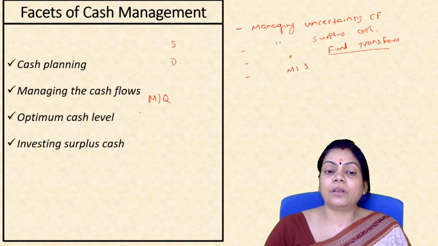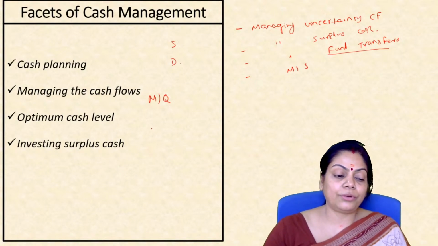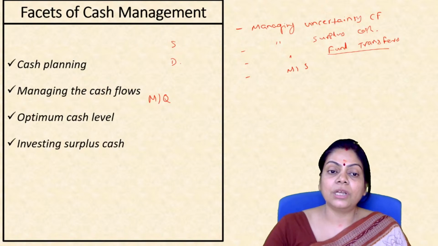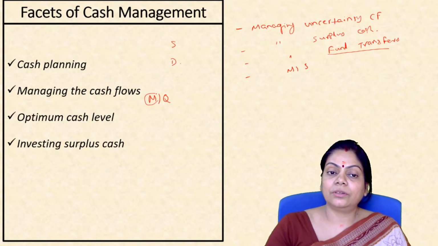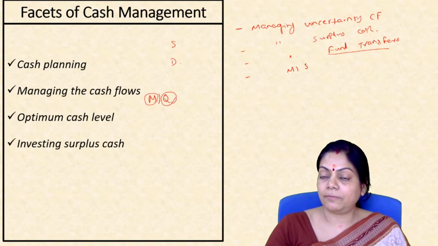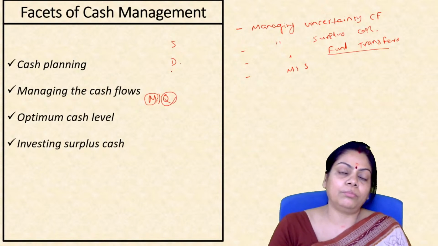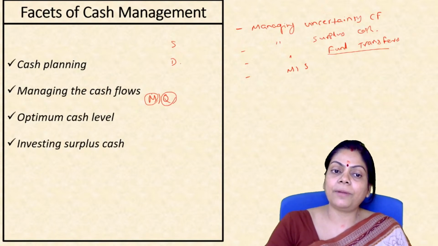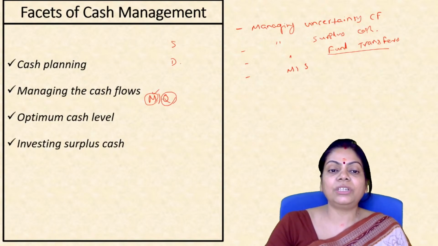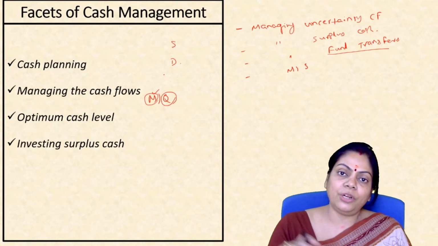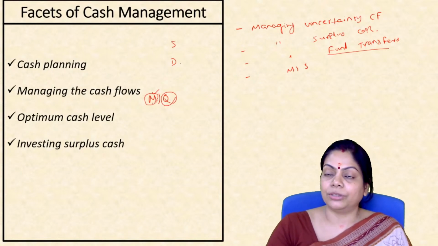There is a quarterly cash budget, an annual cash budget, and also a monthly one. So my minimum denomination of my cash budget is, let us say, a month.